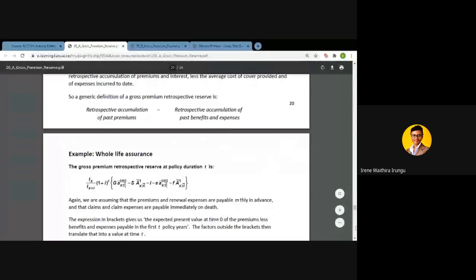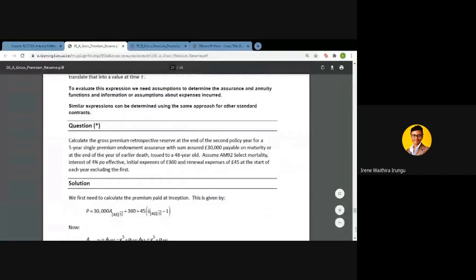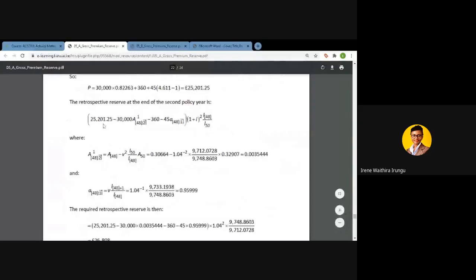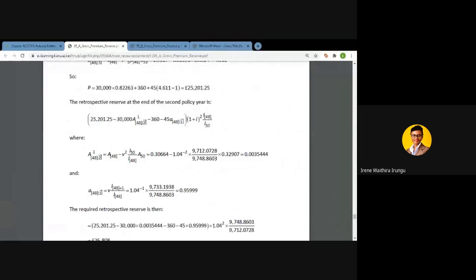So we go back to our solution. Here's the premium we have computed, and it is one single premium. So the retrospective accumulation of this past premium is one single amount. That's why we have it without any discounting factor whatsoever. And remember, we are looking at this reserve as at the end of the second policy year.